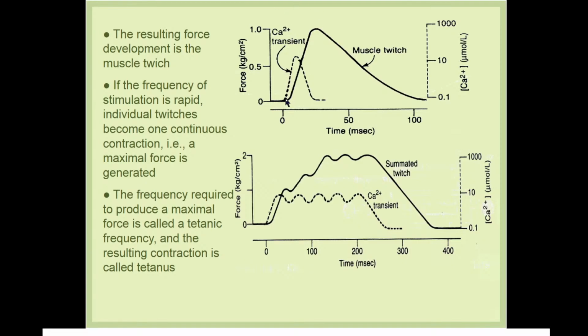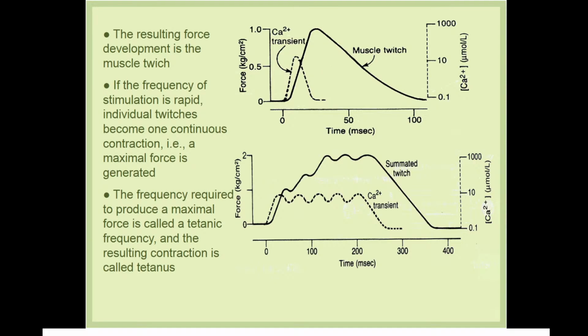We can see here the change of the concentration of calcium with time, and this leads to the muscle contraction, a single contraction, that is named the muscle twitch. And you can see it is delayed a little. It is understandable that the time is small but required to develop this linkage between myosin and actin proteins.